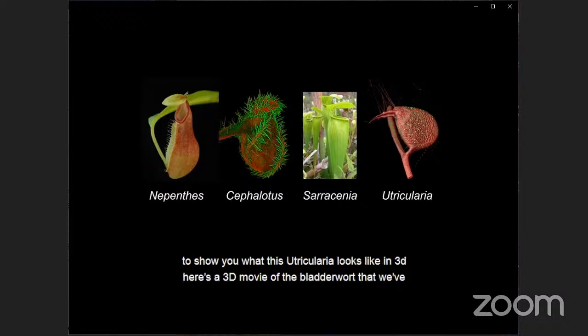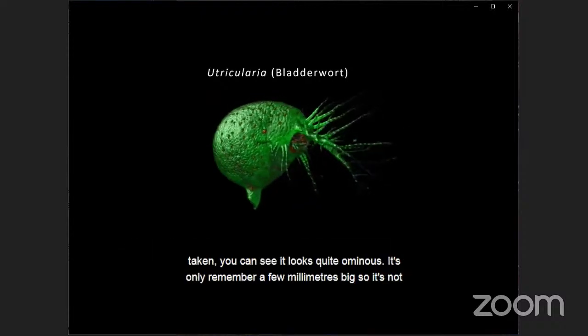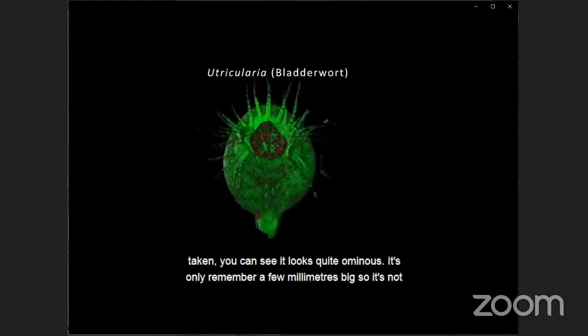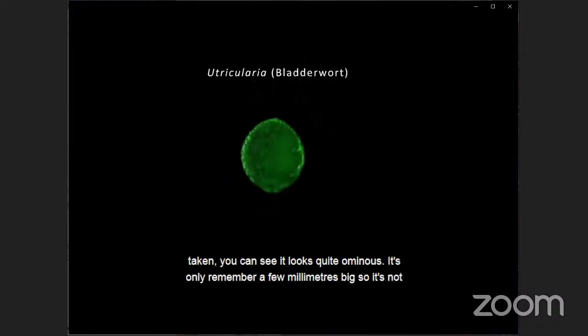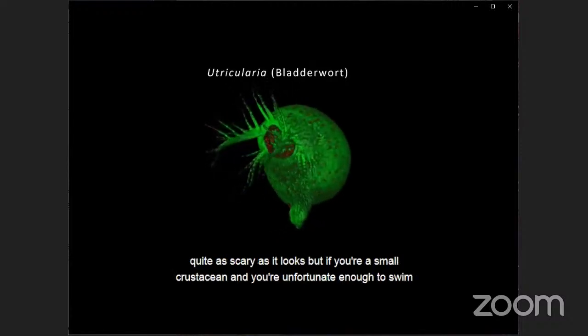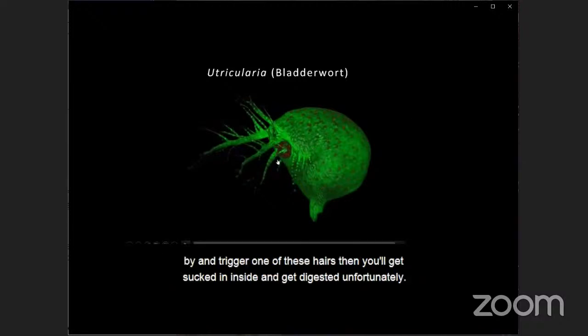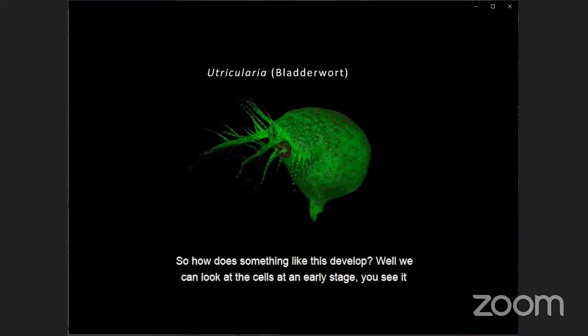So just to show you what Utricularia looks like in 3D, here's a 3D movie of the bladderwort that we've taken. You can see it looks quite ominous. It's only, remember, a few millimeters big, so it's not quite as scary as it looks. But if you're a small crustacean and you're unfortunate enough to swim by and trigger one of these hairs, then you'll get sucked inside and get digested, unfortunately.